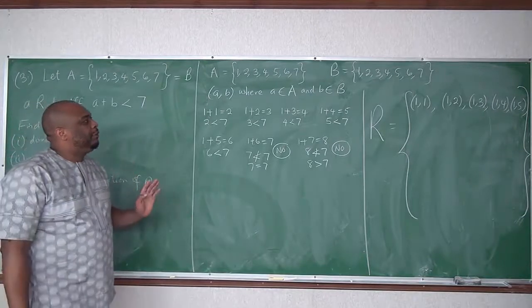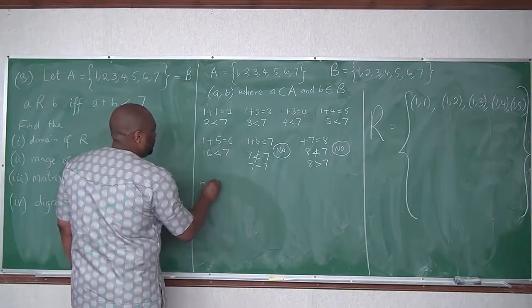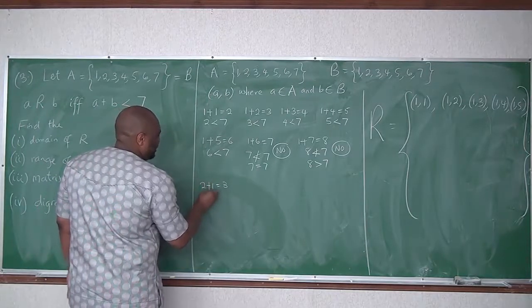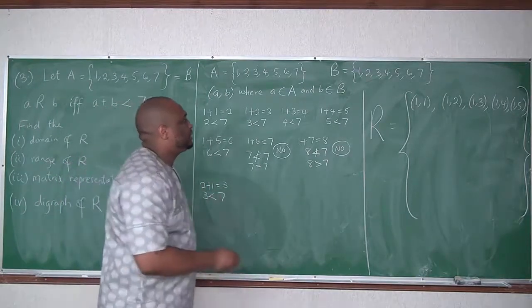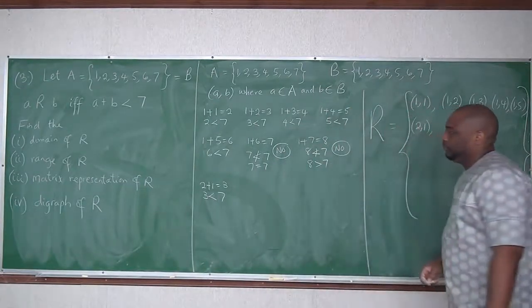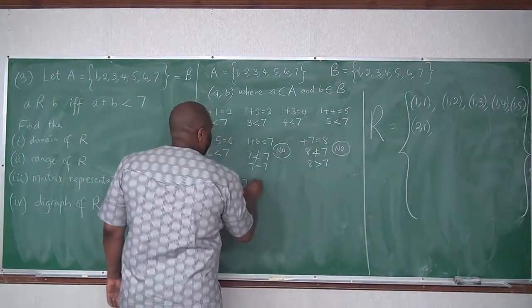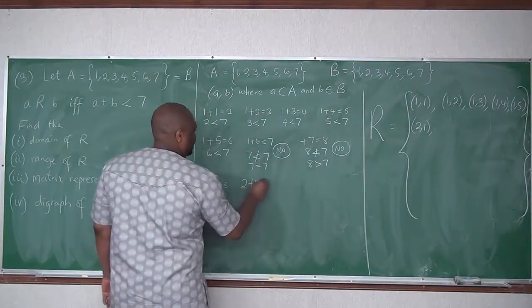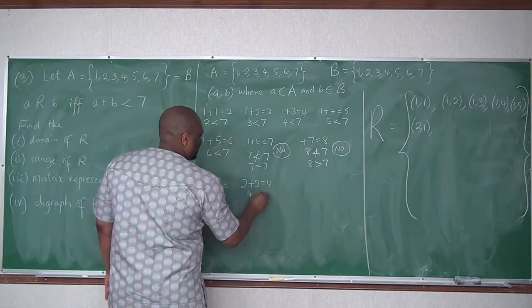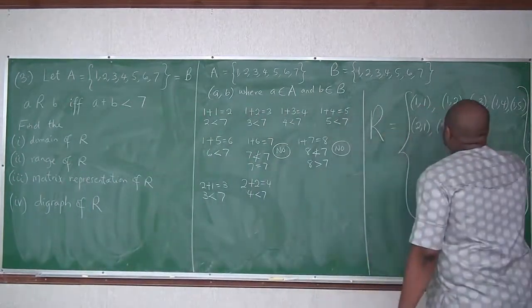Then we get 2 from A and 1 from B. Okay? 2 plus 1 is 3. 3 is less than 7. So this works. We have 2 and 1. We get 2 from A and 2 from B. 2 plus 2 is 4. 4 is less than 7. This works. We have 2 and 2.